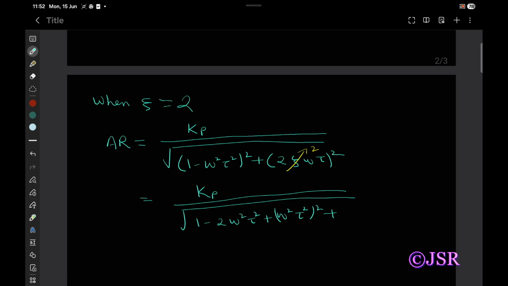So 4 square, that is 16 omega square tau square.